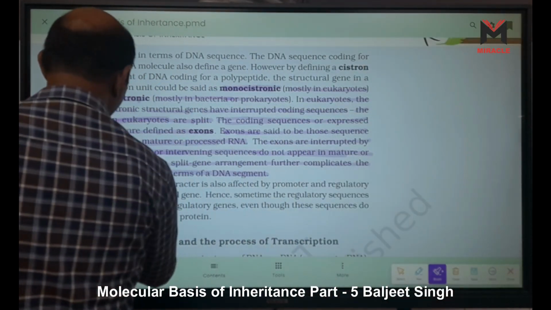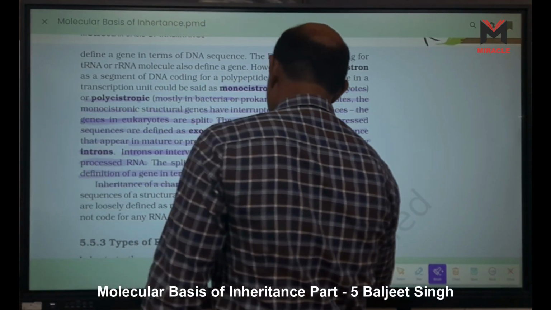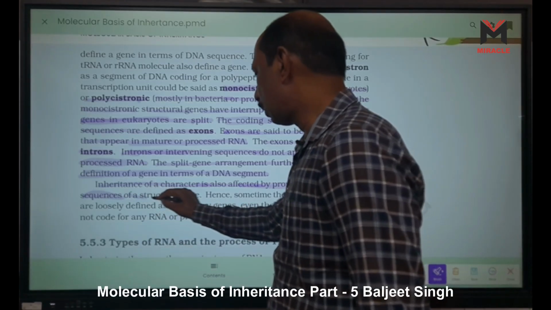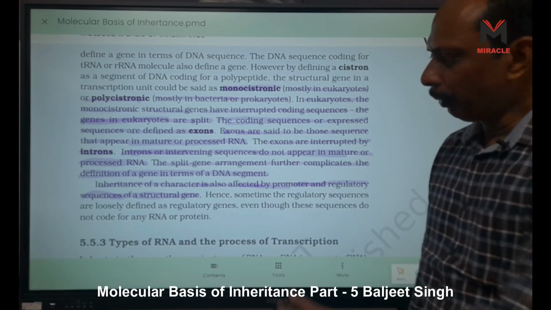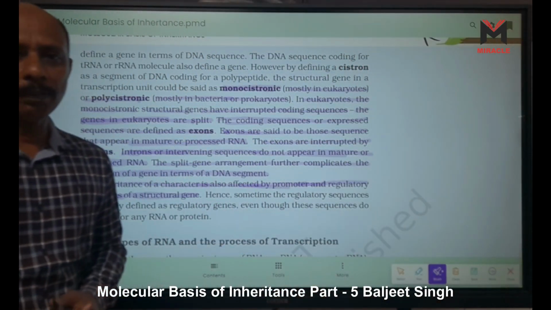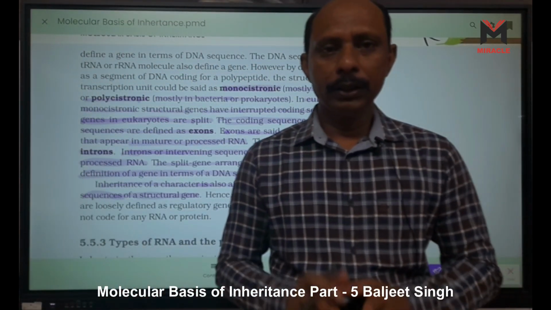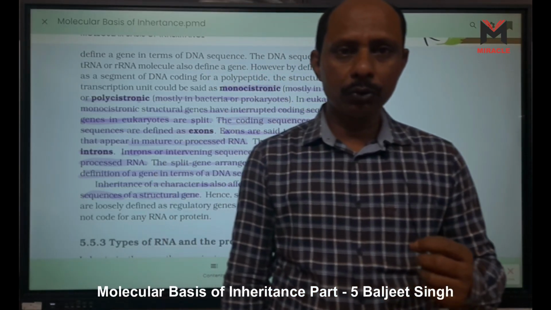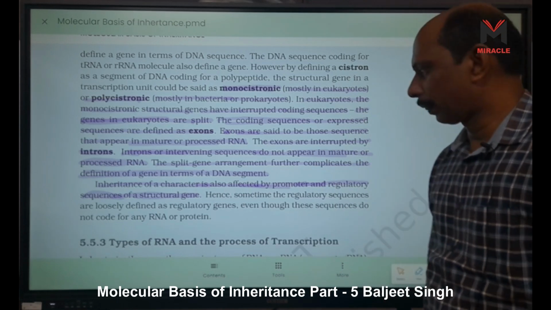Inheritance of the character is also affected by promoter and regulatory genes, that is, the regulatory sequence of a structural gene. We will read this one. Promoter is responsible for the attachment of RNA polymerase. Regulator means it is responsible for stop or start, we can say switch on or switch off the translation process, right?